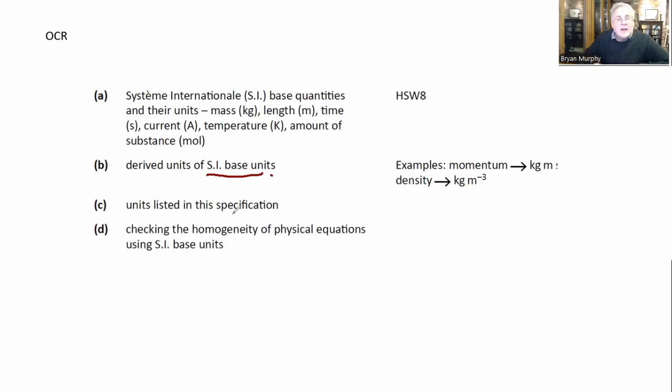Now, what OCR would like you to do is know the units of all the quantities in the specification, obviously, but be able to mess about with them. First of all, you can derive different units. For momentum, which is mass times velocity, if you know the formula, then you can get the base units, kilograms, meters, and seconds.